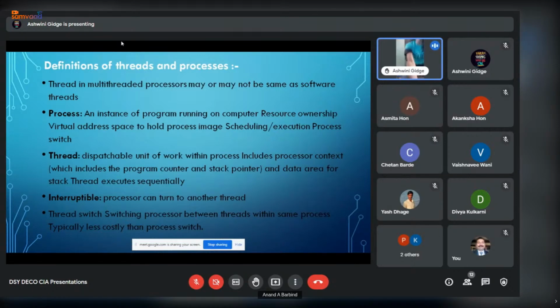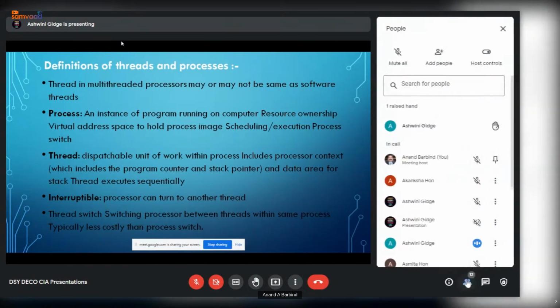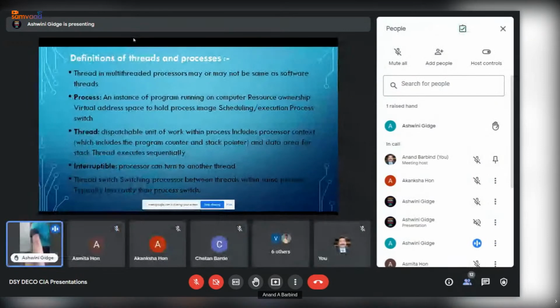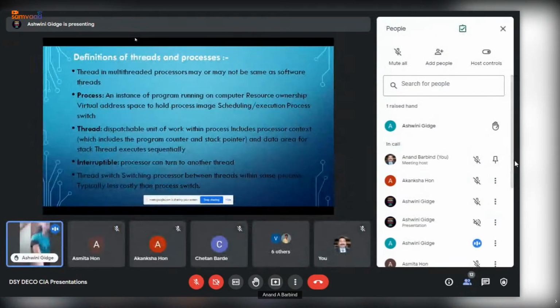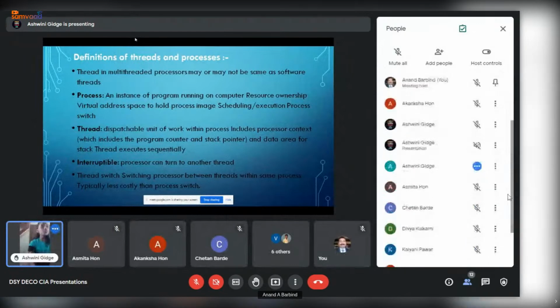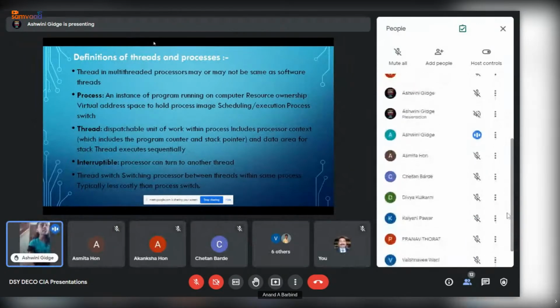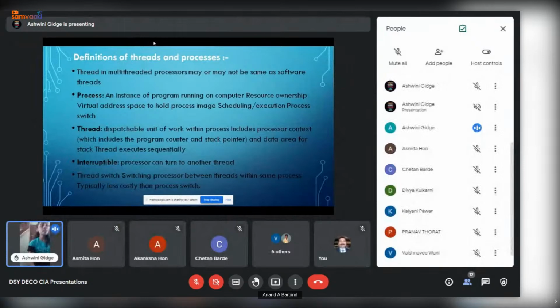It includes processor context, which includes the program counter and stack pointer, and a data area for the stack. Threads execute sequentially, one by one. Next is interruptible: the processor can turn to another thread. Thread switching between threads within the same process is typically less costly than a process switch.